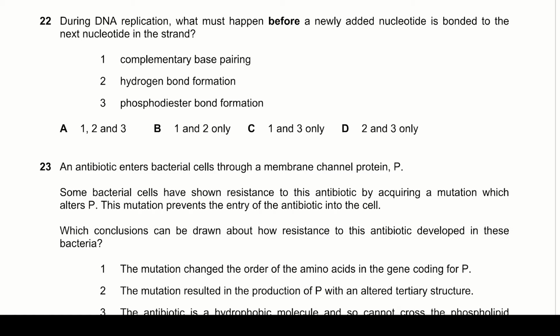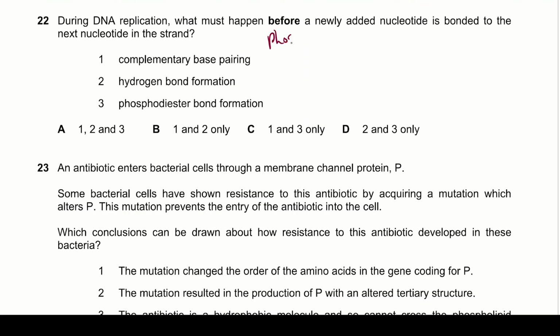22. During DNA replication, what must happen before a newly added nucleotide is bonded to the next nucleotide in the strand? 1. Complementary base pairing. Yes, before the phosphodiester bond is formed, let's write here, phosphodiester.